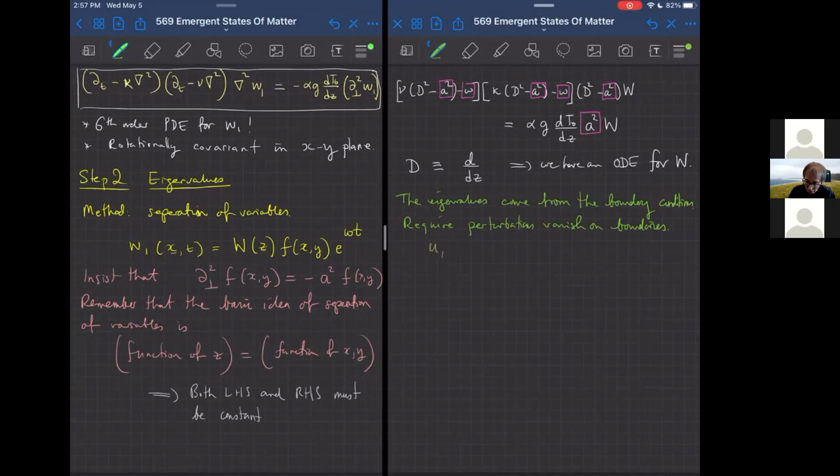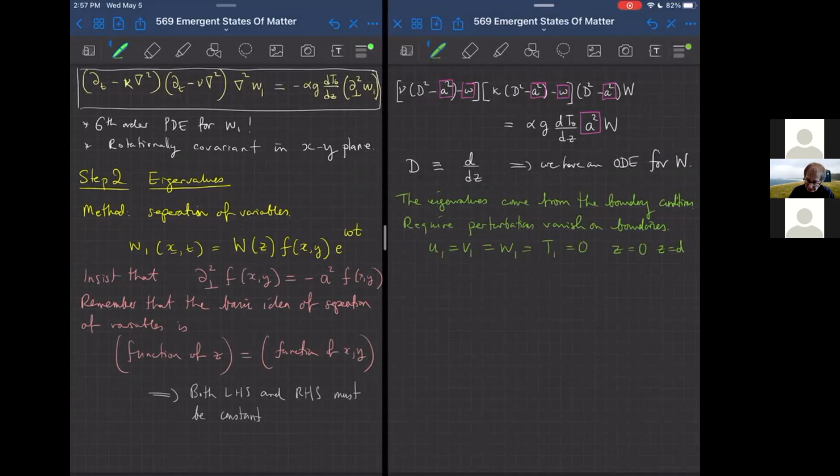So basically we want U1 equal to V1 equal to W1 equal to T1 equal to 0, at z equals 0 and z equals d. On the bottom and the upper surface, the perturbations all vanish.